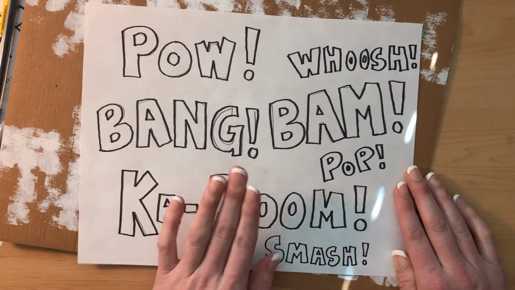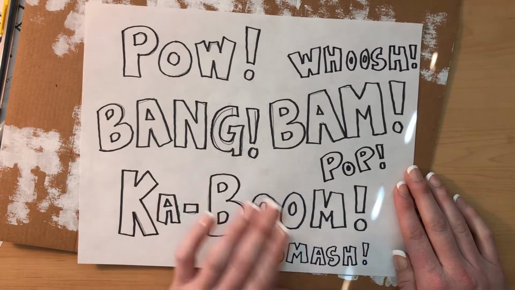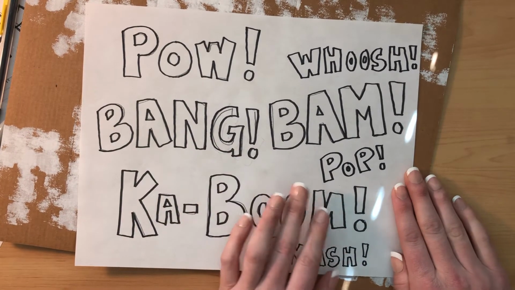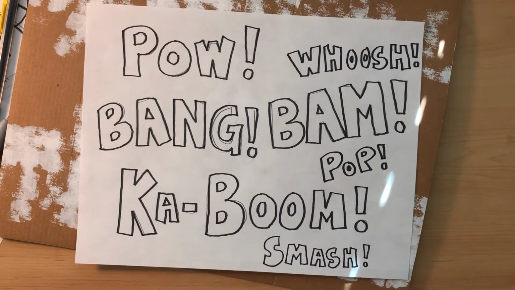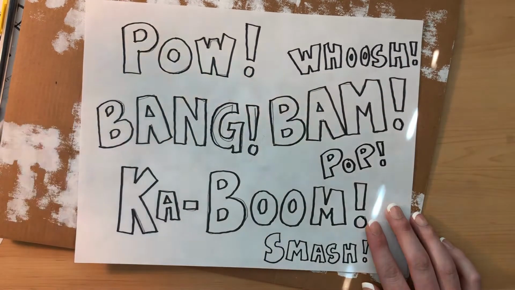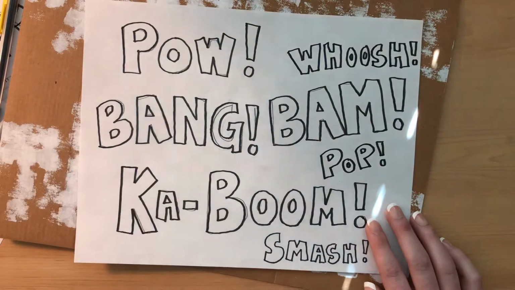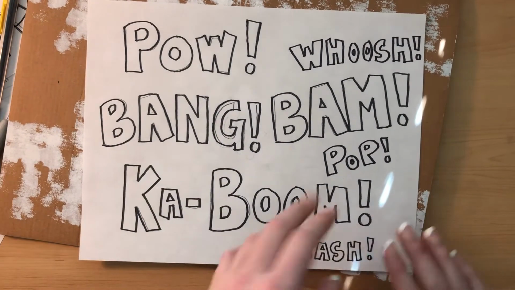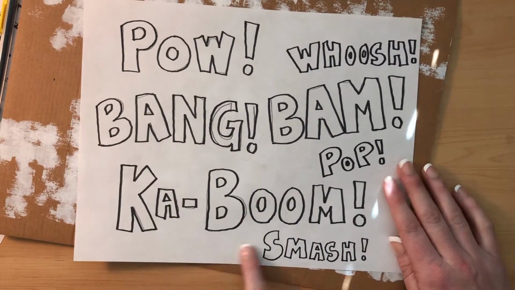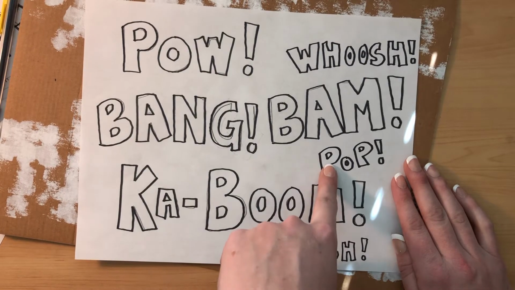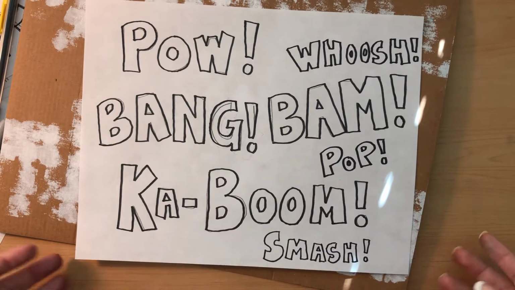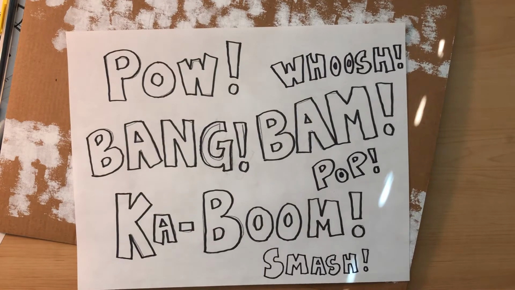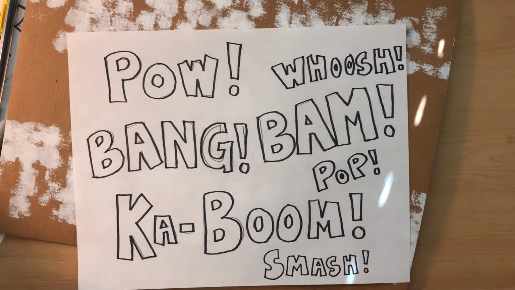You're going to choose any word that makes a noise, that when you read it, you know what kind of noise it's making. Like whoosh is like air going by, or bang if you drop a pot in the kitchen, or kaboom when a bomb explodes, or smash, if a window smashes, or pop, the sound that popcorn makes when it's popping. So you're going to choose a word that makes a sound.